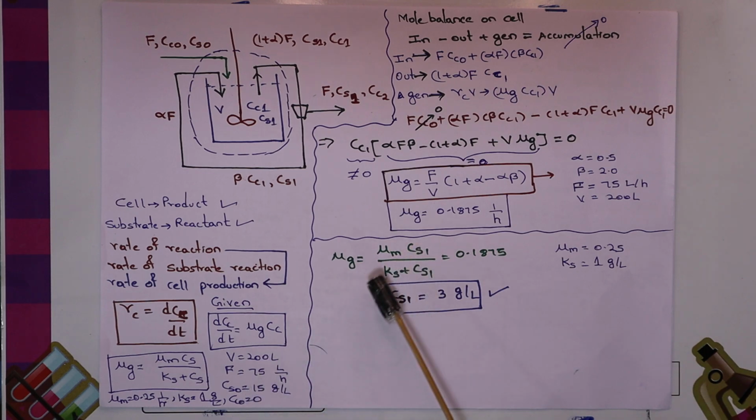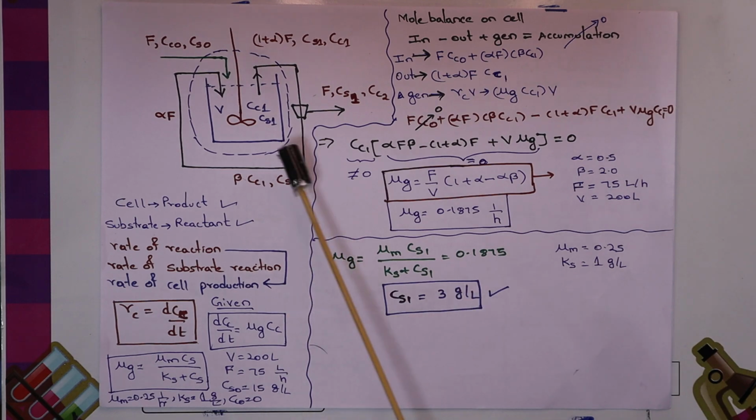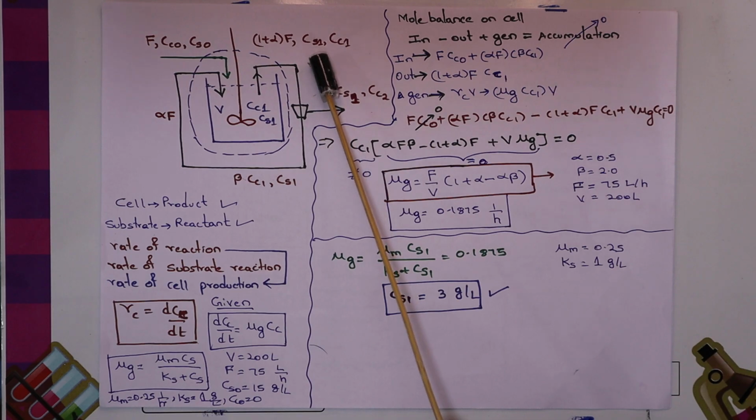Everything is known except Cs1, the concentration of substrate exiting the reactor. Solving mu m Cs1 by Ks plus Cs1 equal to 0.1875, you get Cs1 as 3 gram per liter. That means the final answer, the concentration exiting the reactor, is 3 gram per liter.